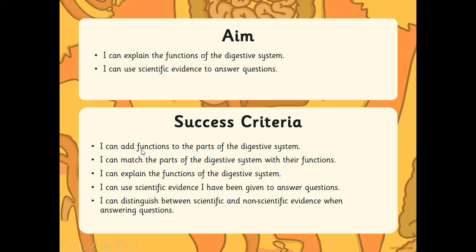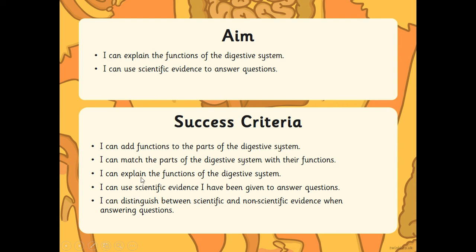Okay, tomorrow in the live Zoom lesson, because this is like two parts, today we're going to look at the actual functions in more detail, and then tomorrow we're going to use scientific evidence to answer questions. Okay, so the success criteria we're looking at today is I can add functions to the parts of the digestive system. I can match the parts of the digestive system with their functions, so functions, what they do.